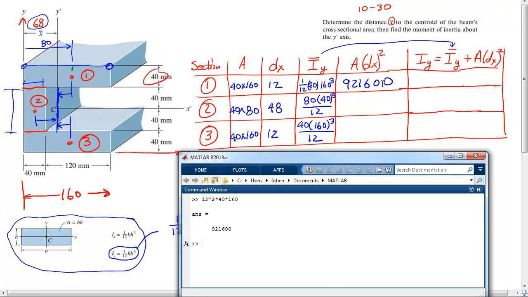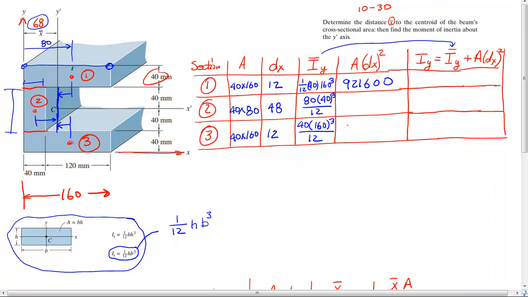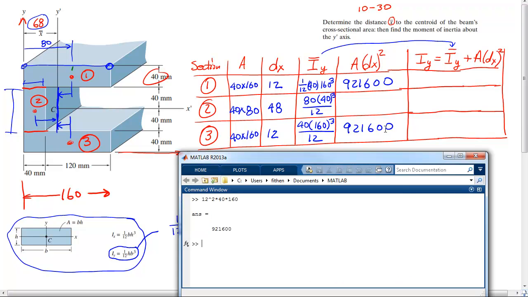Okay. Guess what? It's the same down here. All right, now got to do the next one. That is 48 squared times 40 times 80.